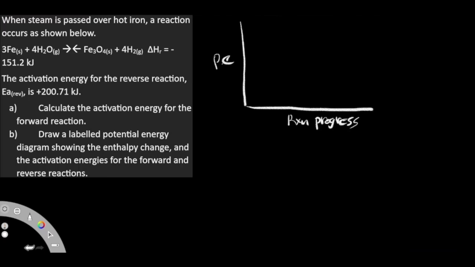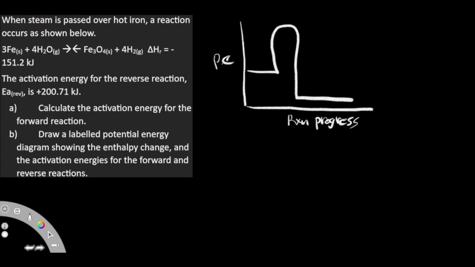Well, first of all, we need to check whether this is going to be a rough drawing of an exothermic reaction like this, or a more endothermic one like that. We can already tell that our delta H R, our enthalpy change, the release of energy here, is going to be a negative value. So of course it's going to be our products that are going to be lower.